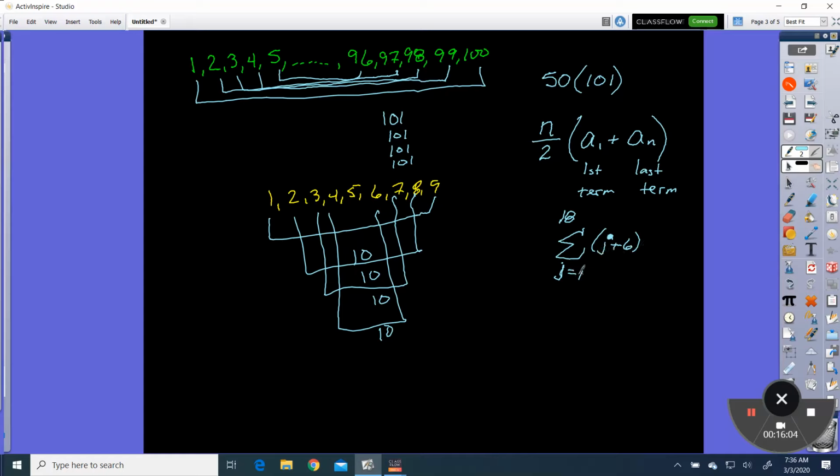So how many terms are there if I start at 1 and go to 18? 18. So I'd put that in my formula, 18 divided by 2. My first term is when I plug 1 in for J, because you start with the bottom one down here. 1 plus 6 is 7. Then my last term, I plug 18 in there for J. So 18 plus 6 is 24. So I have 9 times 31, and that would be my answer.